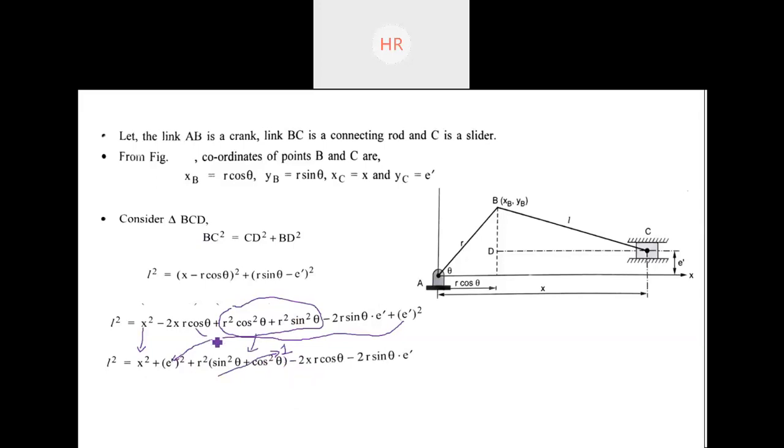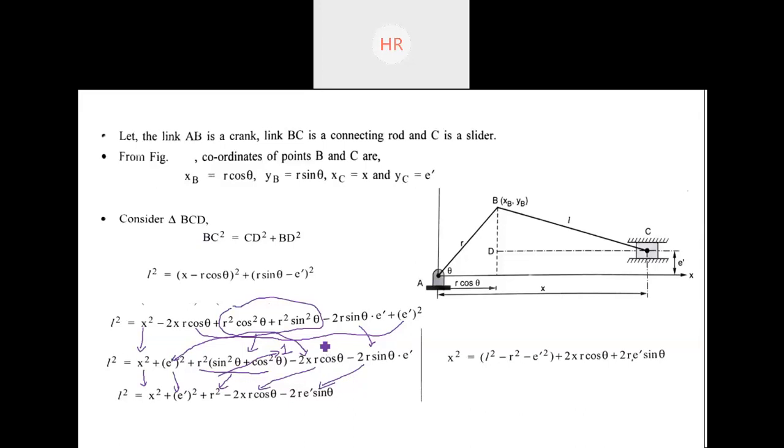Minus 2xr cos theta minus 2r sin theta e dash. So further simplification: x square plus e dash square plus r square, since sin square plus cos square is equal to 1, minus 2xr cos theta minus 2r e dash sin theta.